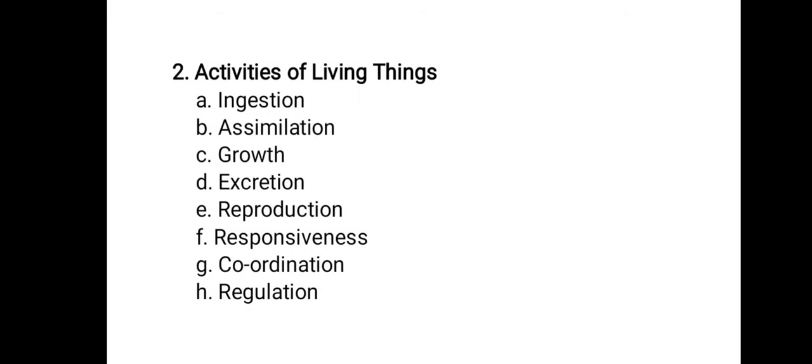B, assimilation by living organisms. C, growth. D, excretion. E, reproduction. F, responsiveness. G, coordination. And H, regulation. So that is all about Unit 2, and I hope you are taking note of them.